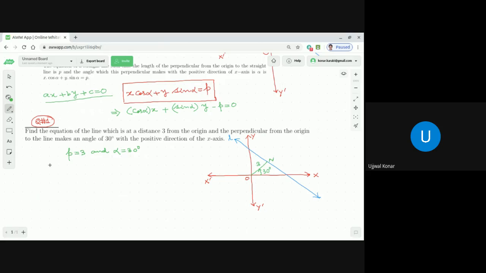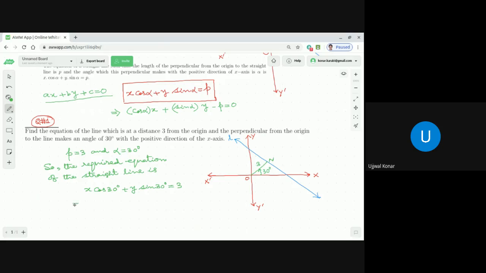So the required equation is x into cos alpha, that is x cos 30 degrees, plus y into sin alpha, y sin 30 degrees, that is equal to P, which is 3.